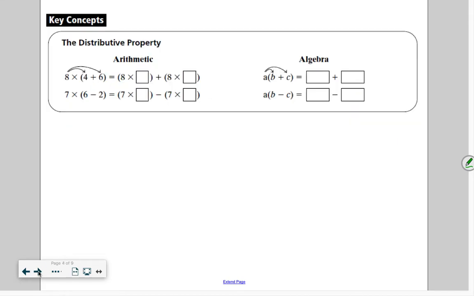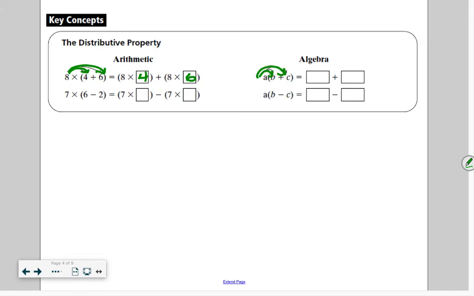So let's fill it in your notes. Everybody see where this is in your notes? So, first thing we're doing, we're distributing the 8 to the 4 and the 8 to the 6. So 8 times what in the first parentheses? 4 plus 8 times 6. Now, let's do it with the variables. We're distributing the A to everything.